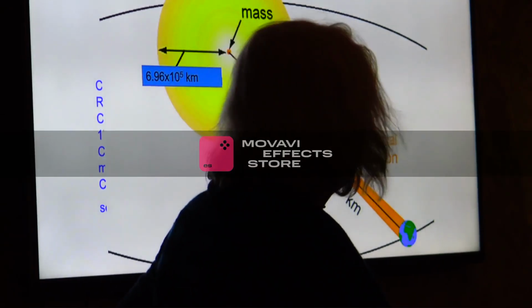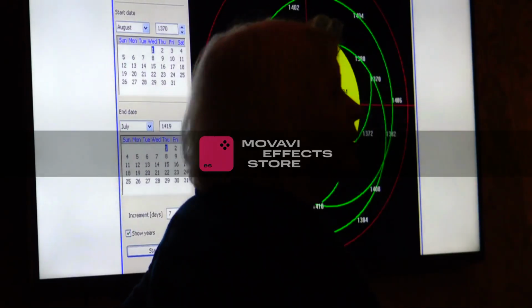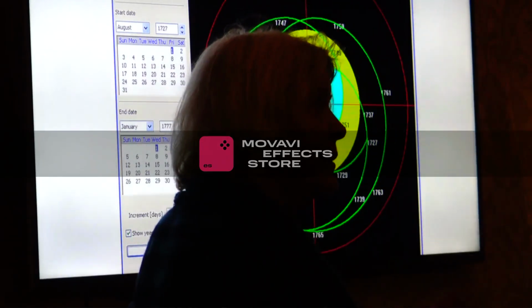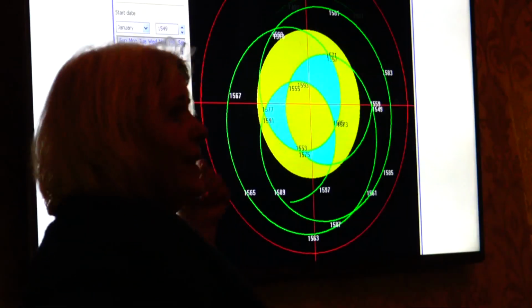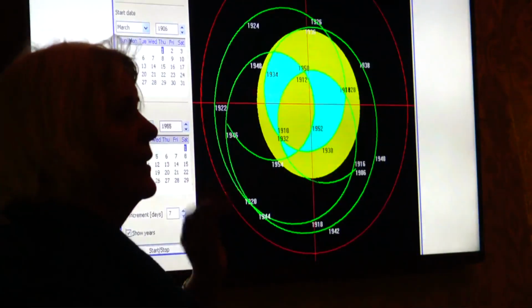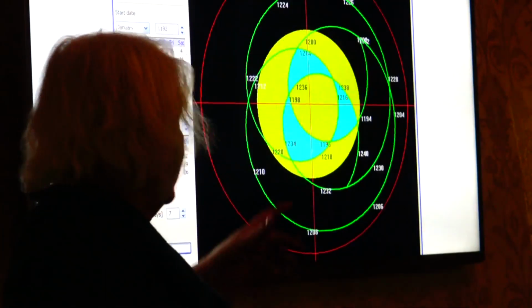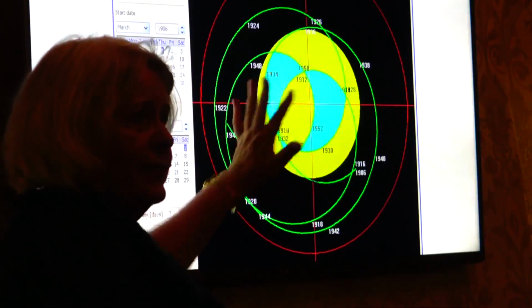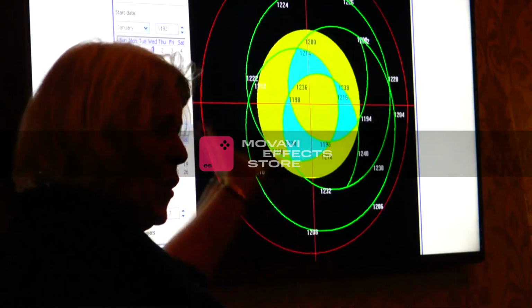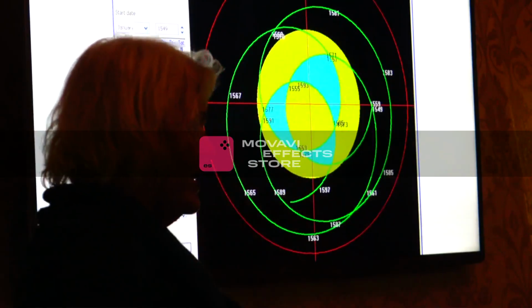So not only does Earth move around the barycenter, this is how the sun moves about the barycenter. This simulation is actually done by NASA at the Meudon Observatory. You can download it and see how it moves. It has been known for 100 years.